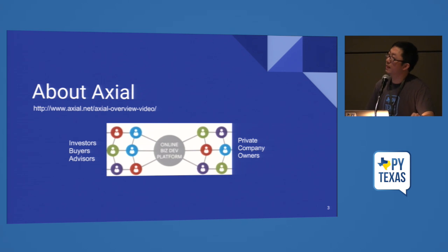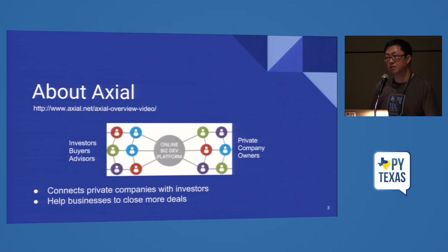Briefly about the company Axial, we are an online business development platform that matches investors, buyers, advisors, and private company owners. Our goal is to help businesses close more deals on our network.